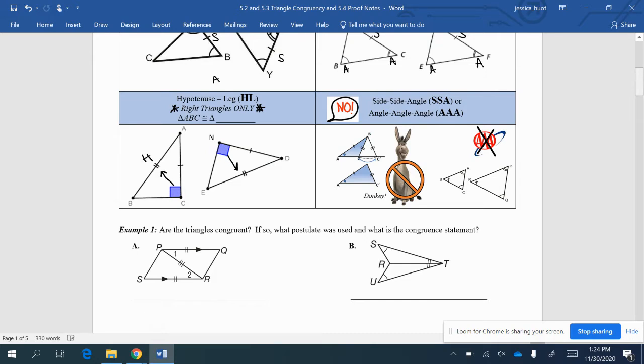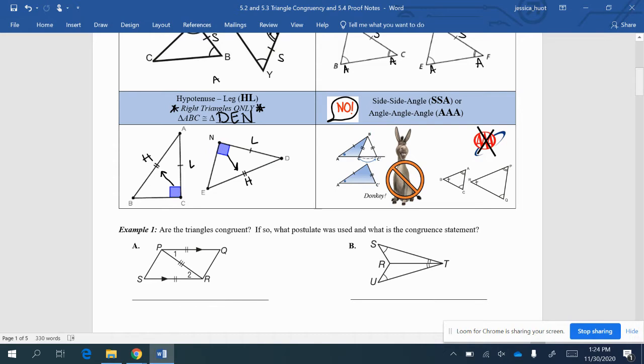So this is my H, my hypotenuse, and then I have a leg congruent. So I have HL and HL. So those 2 triangles are congruent. So ABC, starting at the angle that is made up of 1 congruent mark and 2 congruent marks, so D, going down the hypotenuse side, so triangle DEN.